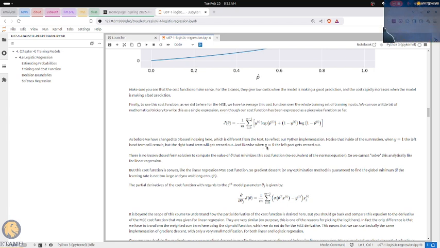I don't know if it's fair to call this a trick or not, but it's easy to combine those, so we can write one expression. This is our cost function. We should go back later and compare this to the cost function that we had before for straightforward linear regression. But for our cost function for logistic regression, we're basically doing what we just showed. We multiply by y. When y is 1, we only do this term, because when y is 1, the other factor will be 0 and that term will go away.